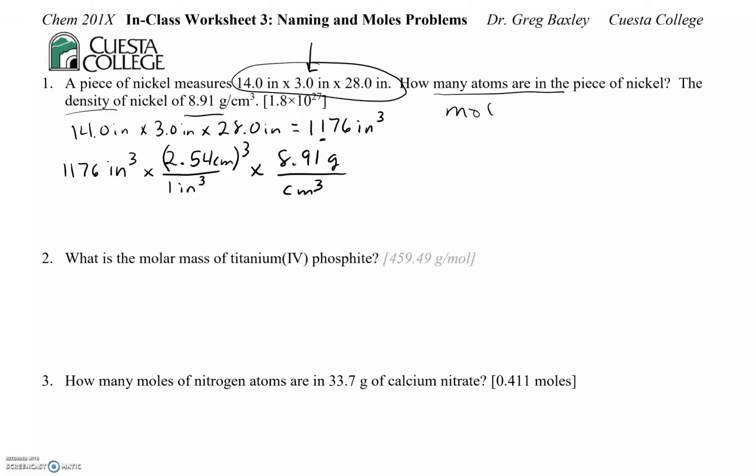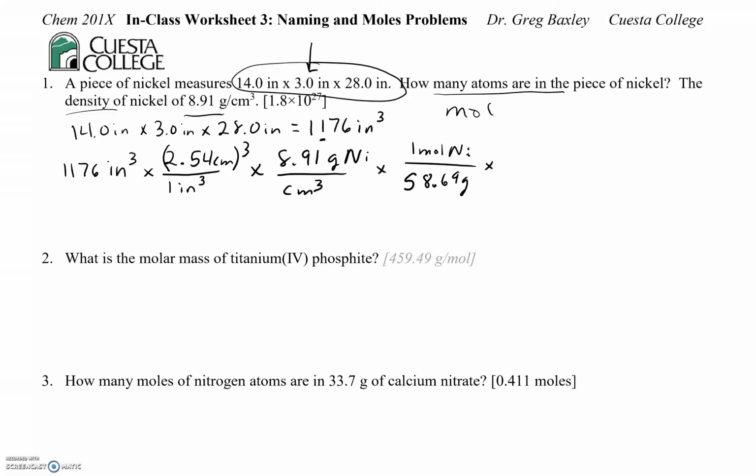To find the mass of the nickel, we can use the molar mass of nickel to find the number of moles of nickel.